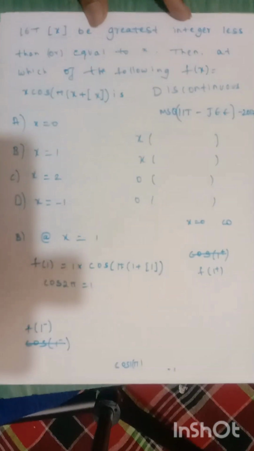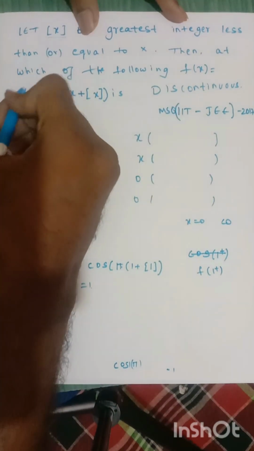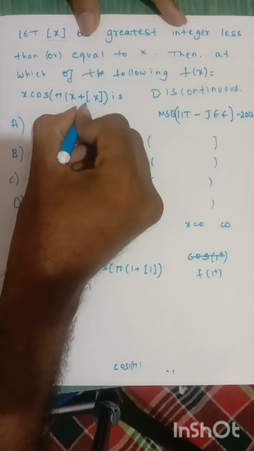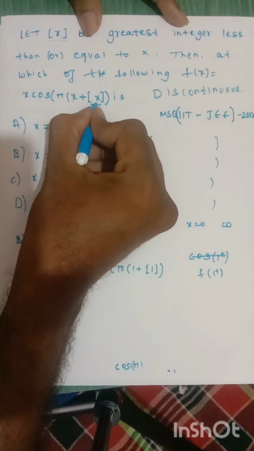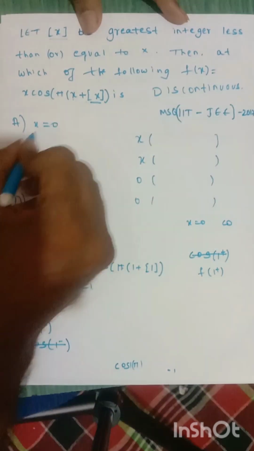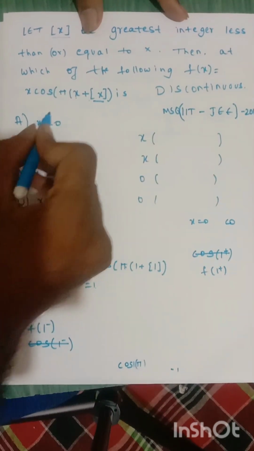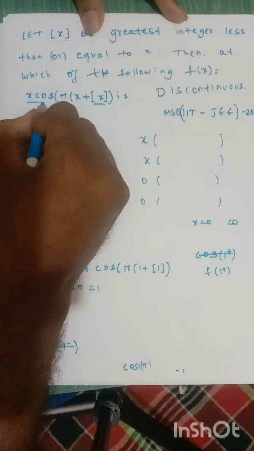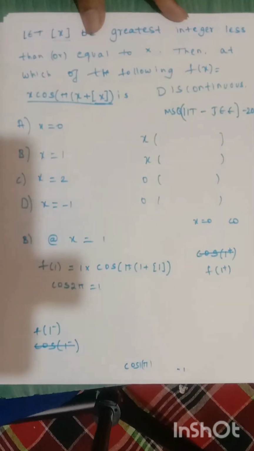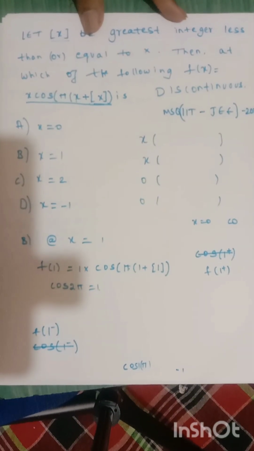So the question is: f(x) = x cos(π(x + [x])), where [x] is the greatest integer function of x, is discontinuous for which values? That is the question being asked here.